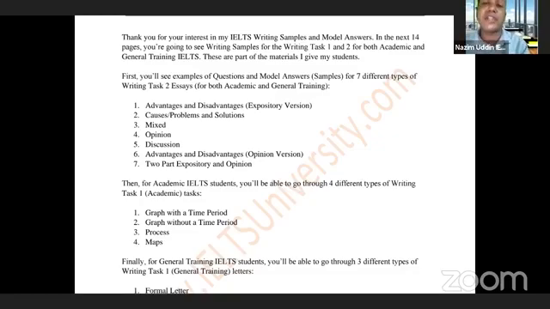Another type of question is reason and solution. If the question is like this: medical service in some countries is not provided to poor people, and it has been made a profitable business, and they ask you what are the reasons and how to solve it. In terms of writing this kind of essay, you have to make 4 paragraphs.